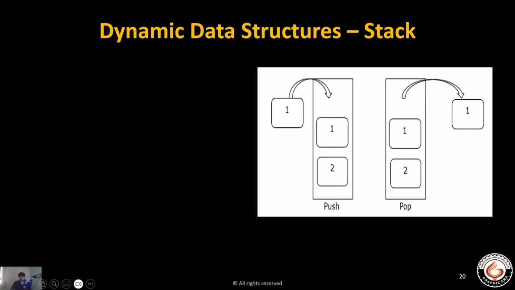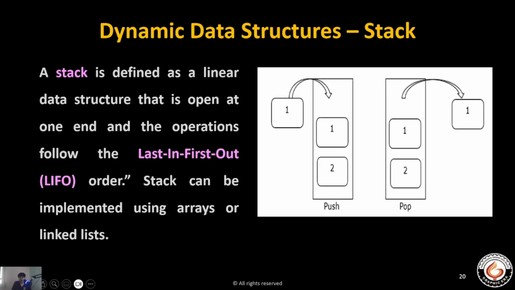Now we will learn about the stack dynamic data structure. A stack is defined as a linear data structure that is open at one end, and operations follow the last in, first out order, which means the element which is inserted last will be the first element popped out. As you can see in this diagram, here is already 2 in our data structure.